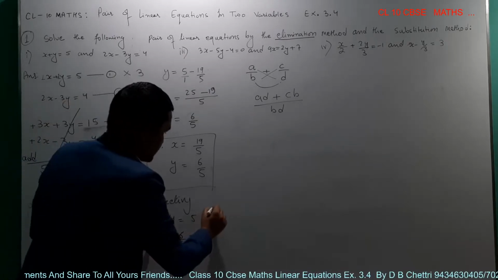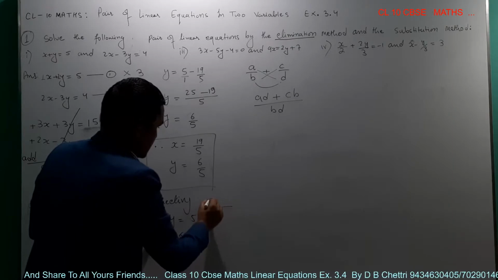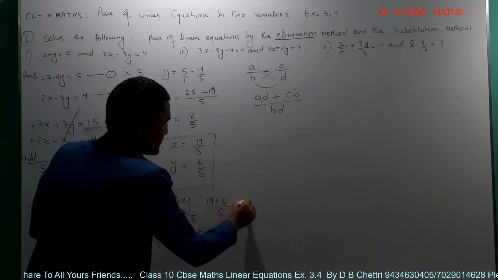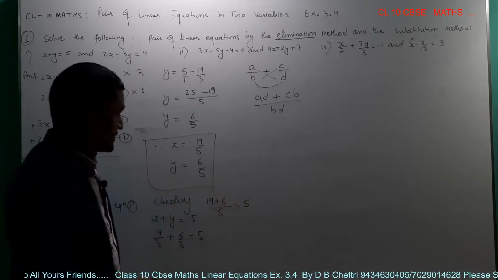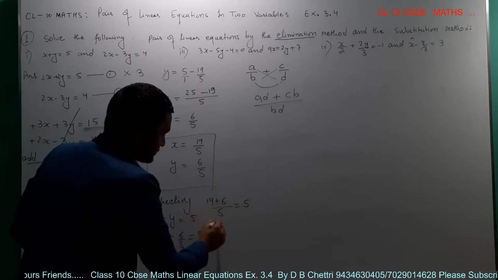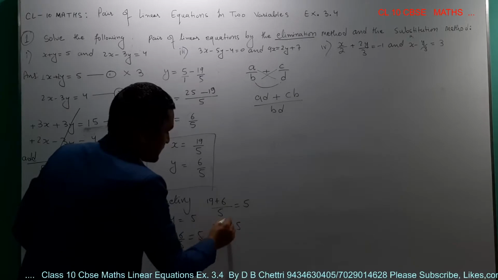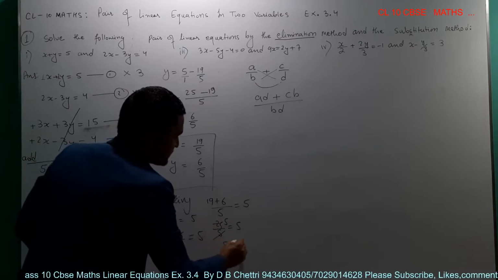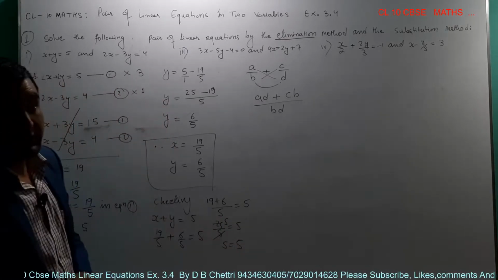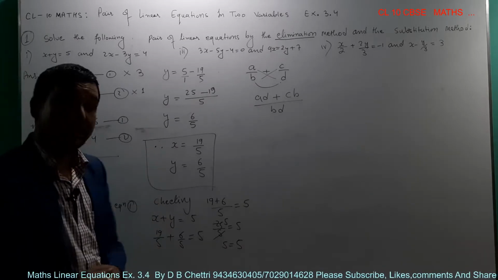That means the denominator is 5, then 19 plus 6, divided by 5, equals the right hand side 5. This is 25 by 5 equals 5, and 5 equals 5. Now both sides are equal, which means these answers are correct.